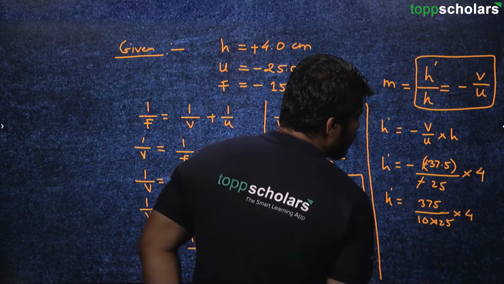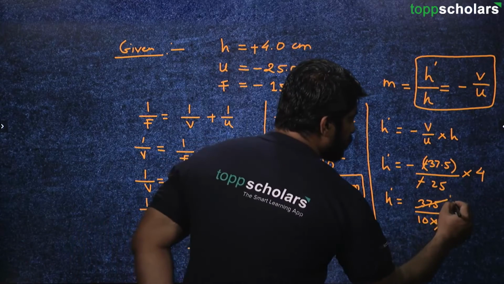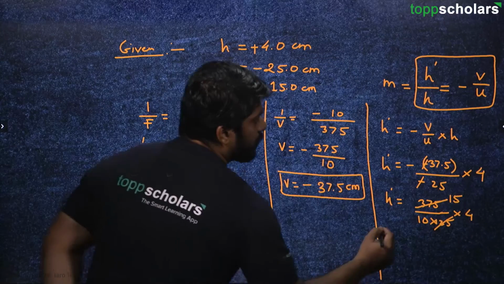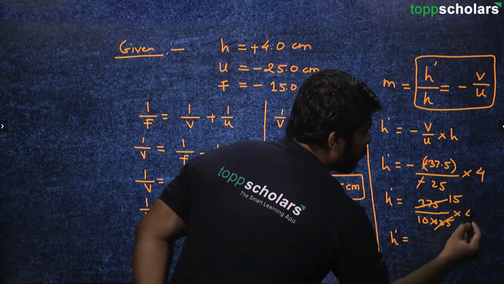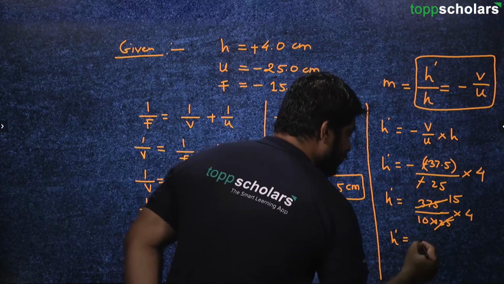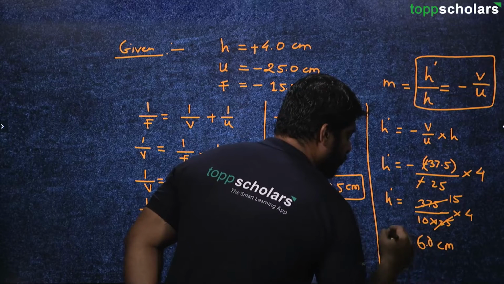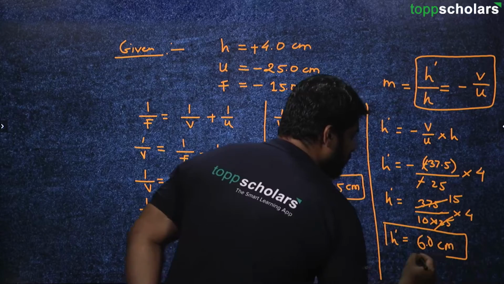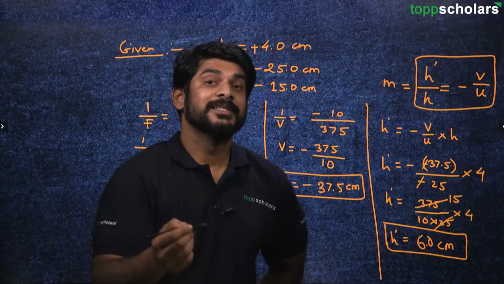So now this can be easily solved. If you divide this, this would be 15, and h dash would be equal to 15 times 4 is 60, and 60 divided by 10 is 6 centimeters. So the correct answer over here would be 6 centimeters. So size of the image is going to be 6 centimeters.